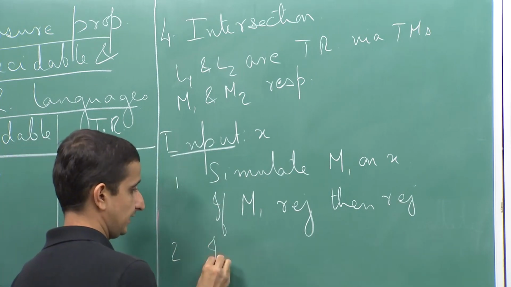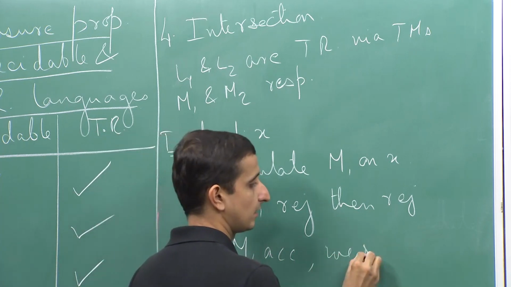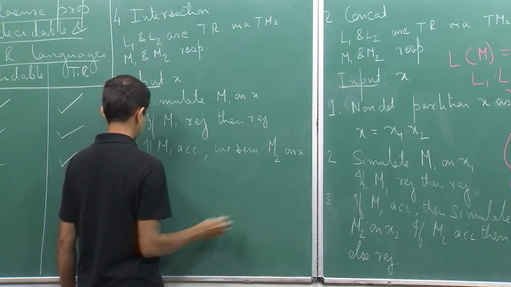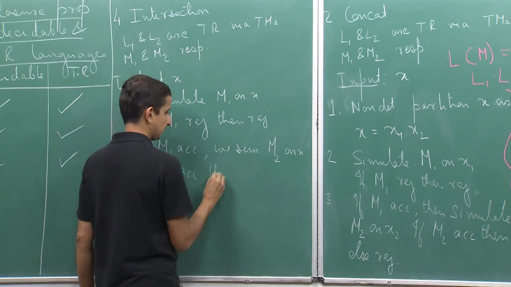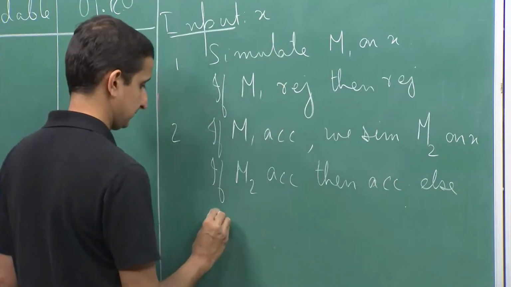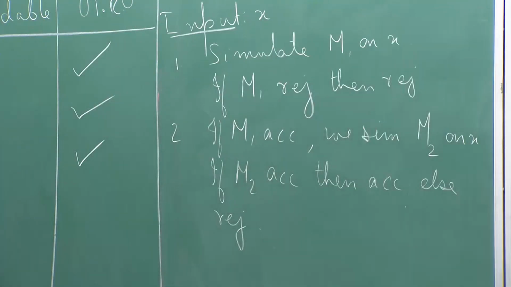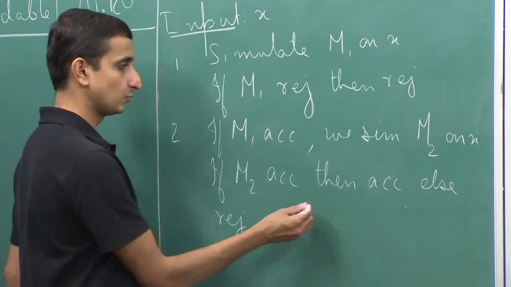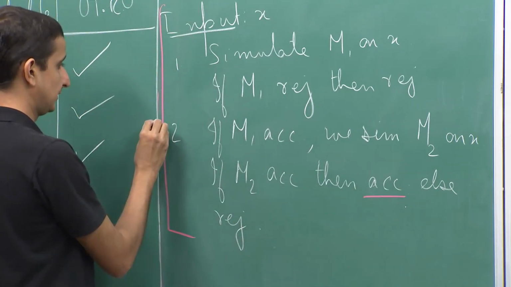Next, if M1 accepts, we simulate M2 on x. If M2 accepts, then accept, else reject. So, once again observe that the only place where we accept the string x is over here. So, this is our design of a machine M.